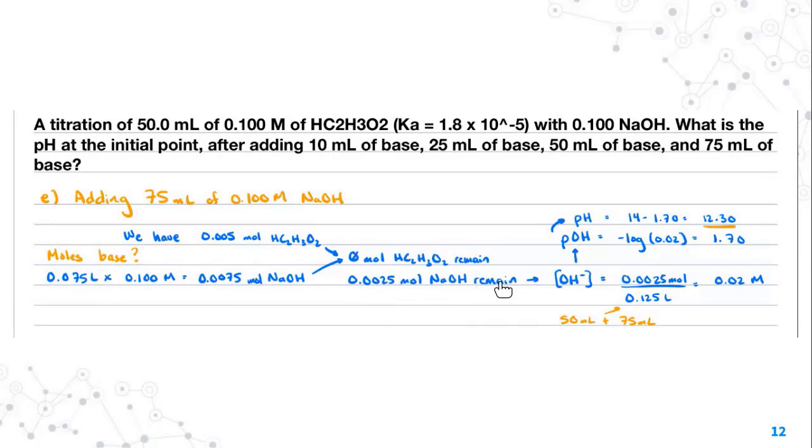So we can get the concentration of it right there: our moles over our total volume, which was the 50 milliliters in the beaker plus 75 that we added in. With our new concentration, just do negative log to get your pOH, and then you get your pH from there.